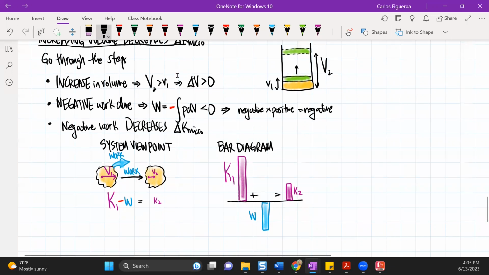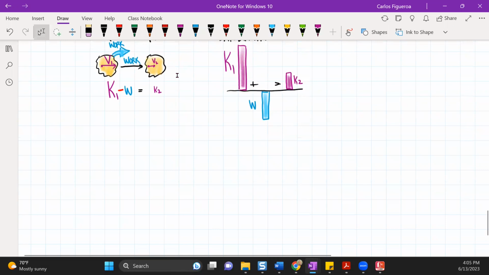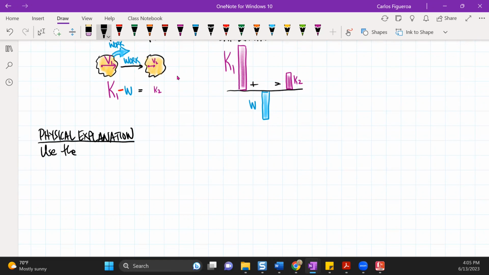Now, just to give a physical explanation of this, here's what we should be thinking about. I'm going to use the same analogy. So I have my before and I have my after.